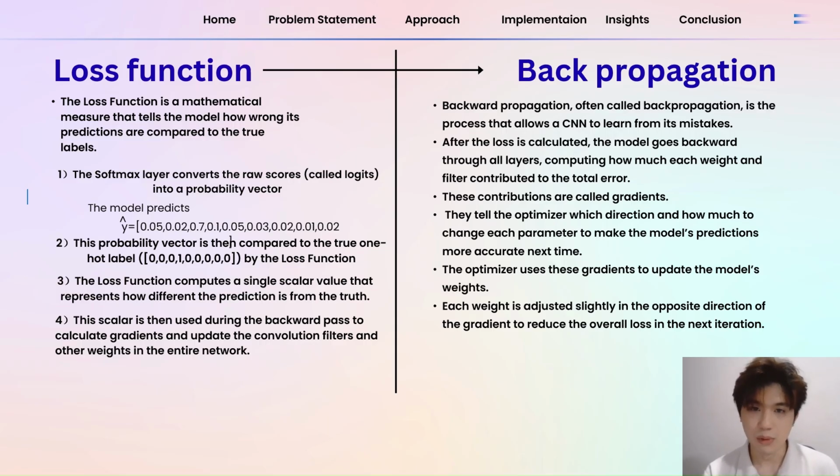And then for step 3, the backpropagation, also known as the backward pass, is the process that lets the CNN learn from mistakes by calculating the gradients and updating the weights. This cycle of forward pass, loss calculation, and backpropagation repeats many times across thousands of images, allowing the model to gradually improve and become more accurate.